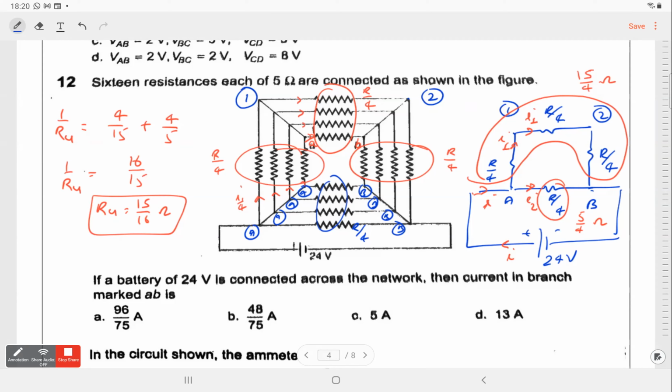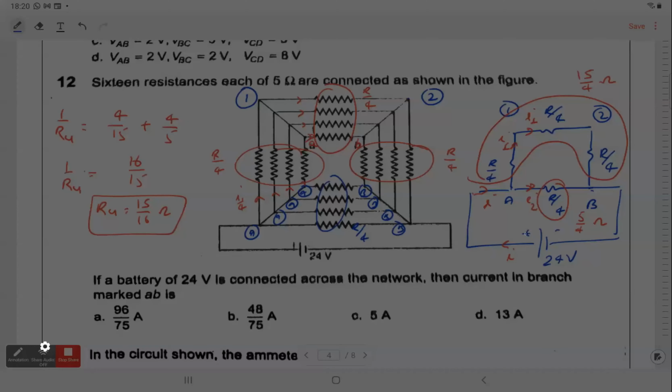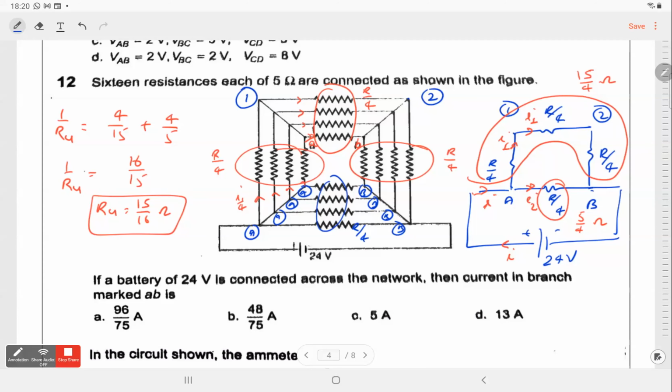What is the value of I1? I was waiting. Total current आ जाएगी. So wait, I'll just copy it here. Anyone? Arnav, what is the value of I1? 1 second.